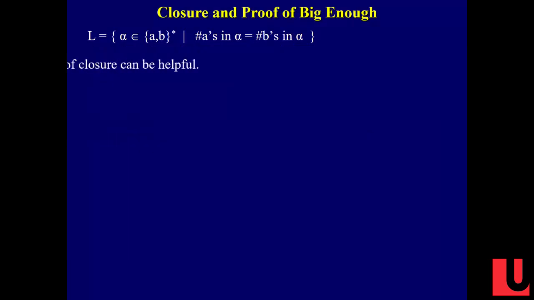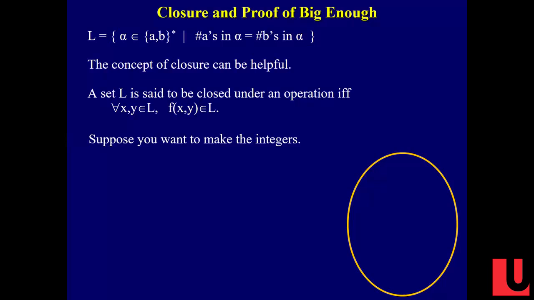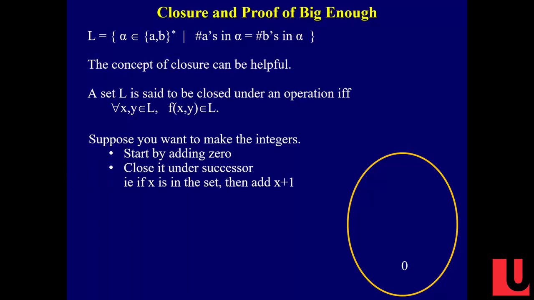So we're going to throw in grammar rules as long as they don't add unallowed strings. It's kind of like the concept of closure. Remember, integers are closed under successor and under addition and under multiplication, but they're not closed under division. So if you wanted to make all integers, you could start with 0 and add the successor rule.